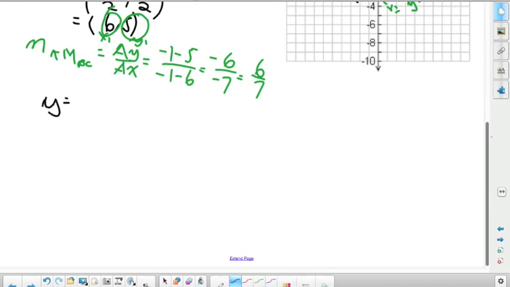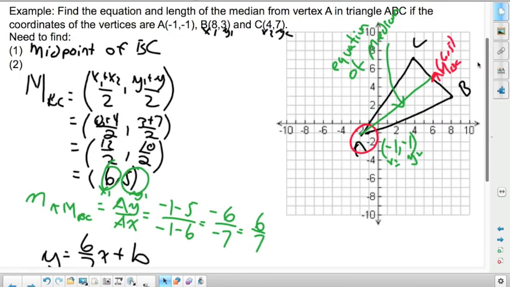So given our slope intercept format, we got 6/7 x plus b. Here, how can I solve for b? Which point do I use? Can I use BC?